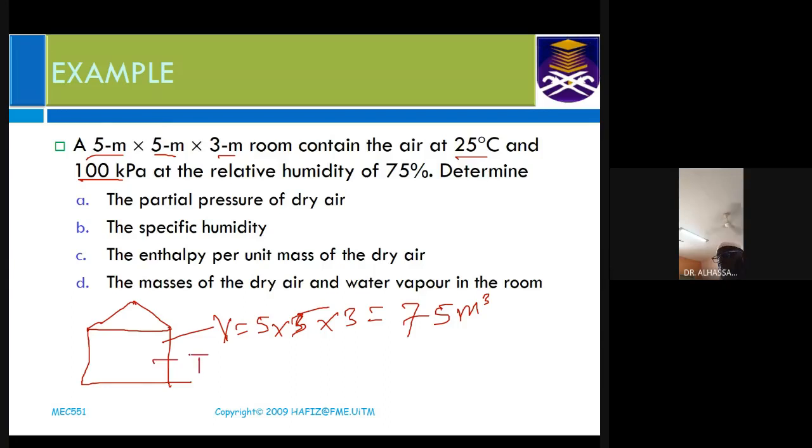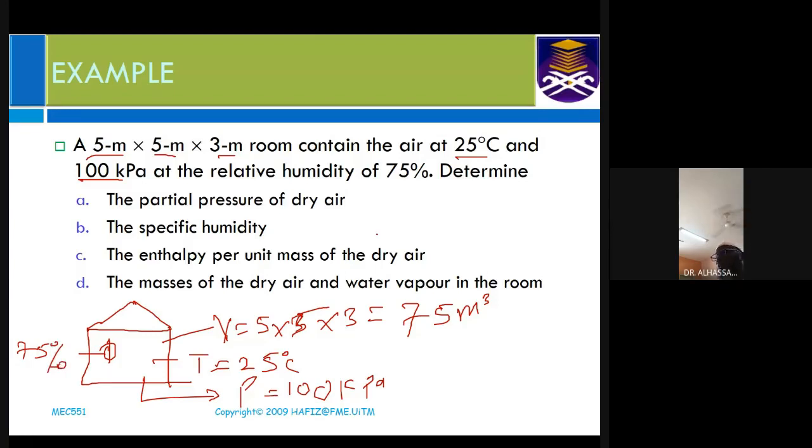The temperature in the room is 25 degrees Celsius, and the pressure in the room is P equals 100 kilopascal. Finally, the relative humidity, phi, in the room is 75%.